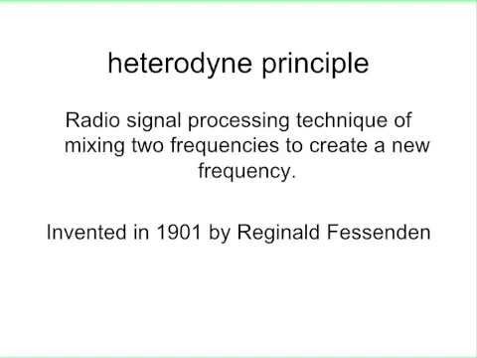The theremin uses the heterodyne principle, which involves radio signal processing. It's a technique of mixing two frequencies to create a new frequency, and it was invented in 1901 by Reginald Fessenden.